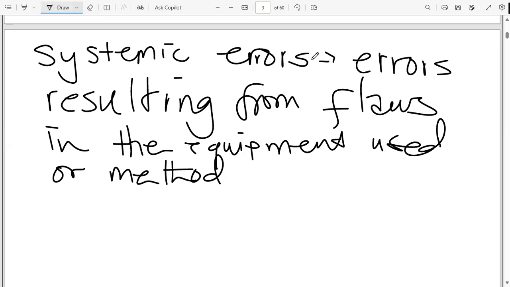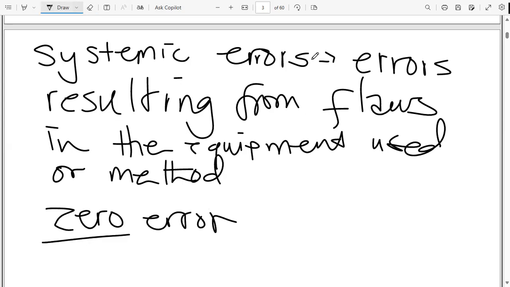And a certain subtype of a systemic error that we can talk about is what we call a zero error. Maybe you've gone to the clinic, and this is very common in Zambian clinics.